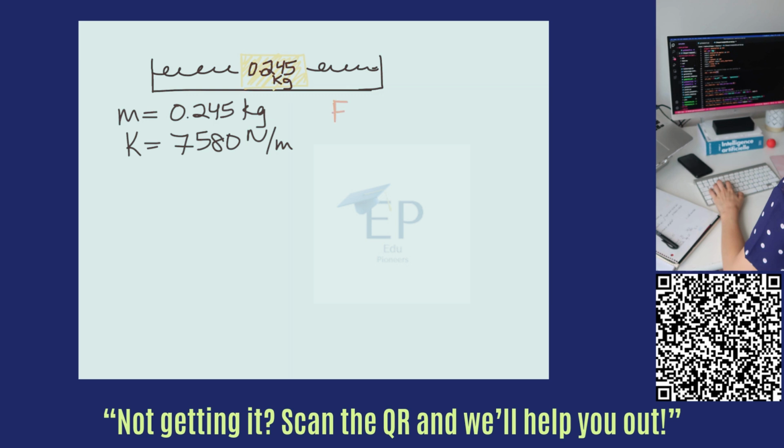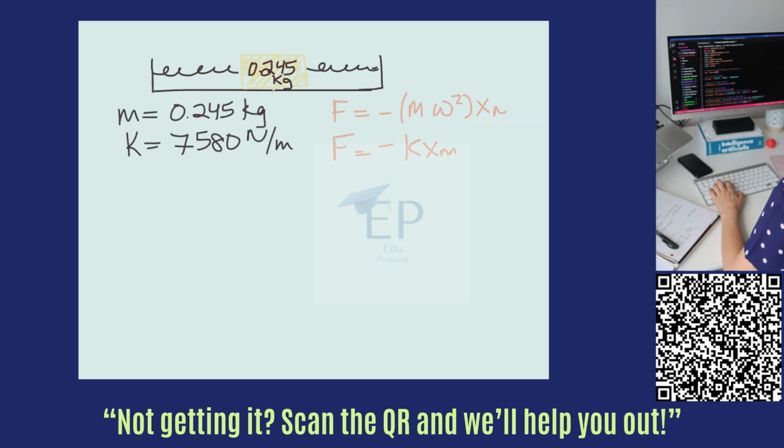The first one is force equals negative mass times omega squared times our amplitude, and the second is going to be force equals negative spring constant times our amplitude.